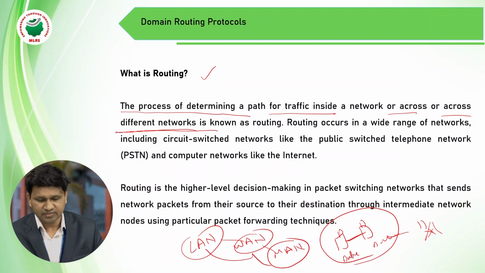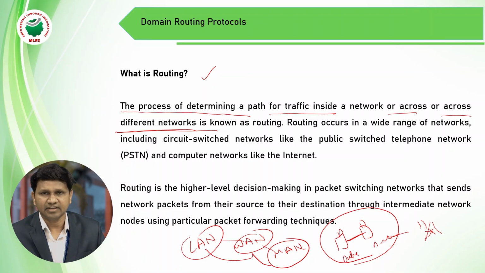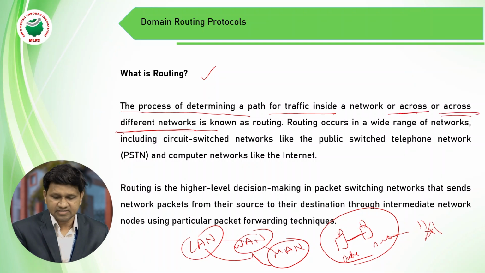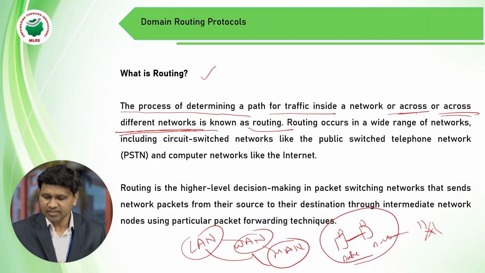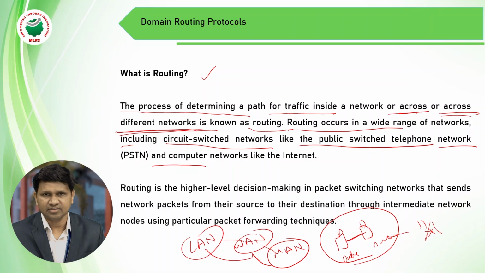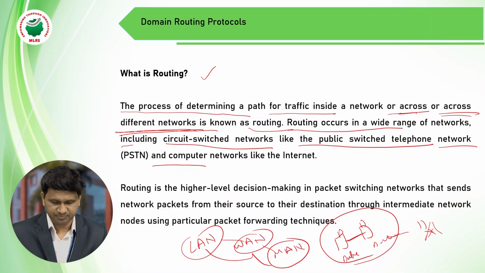Within the network we can exchange data, and across different networks we can also exchange data. Routing occurs in a wide range of networks, including circuit-switched networks like the public switched telephone network, and computer networks like the internet. Wherever there is a network, we can exchange the data.